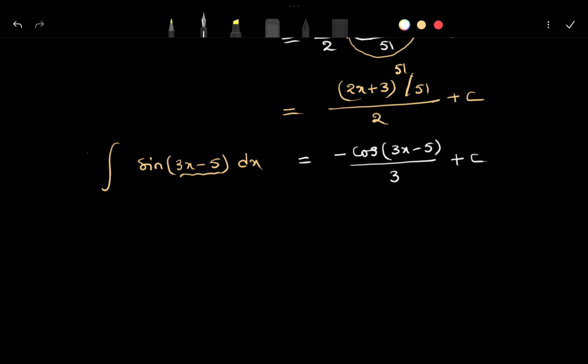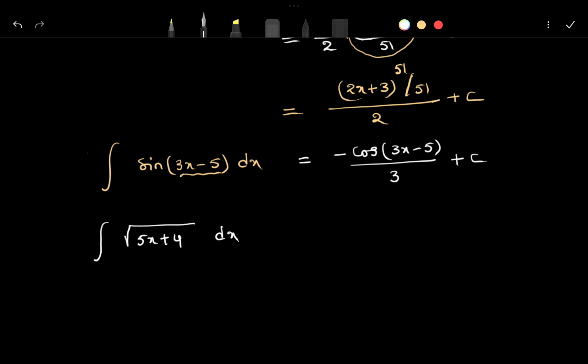And one more example, you take this one: the integration of square root of 5x plus 4 into dx.